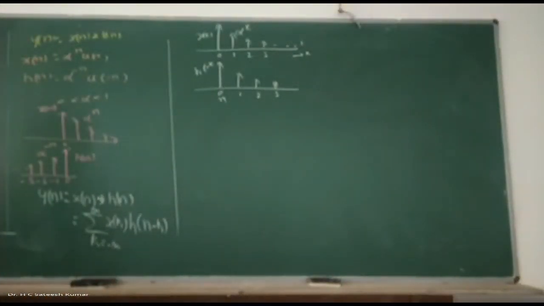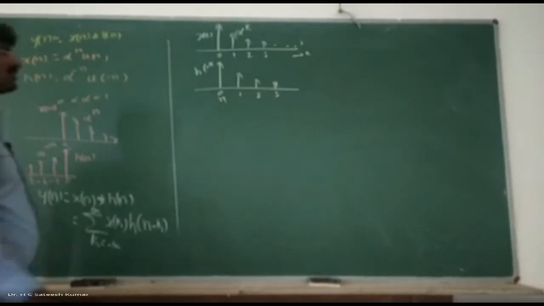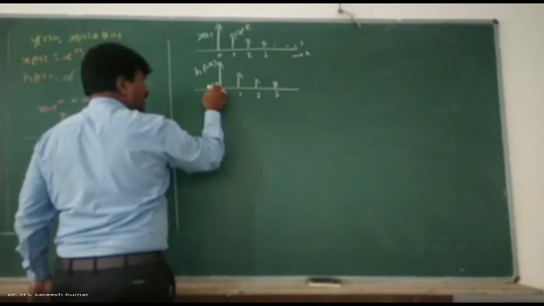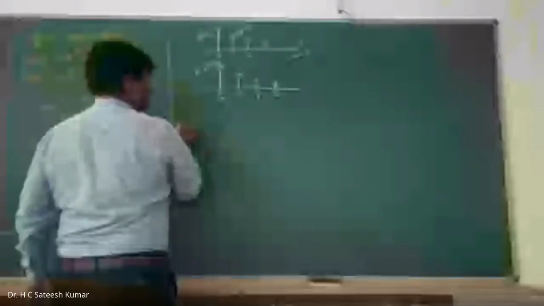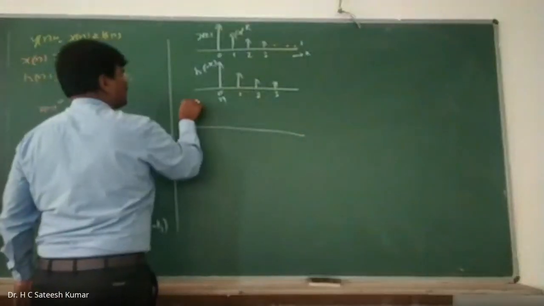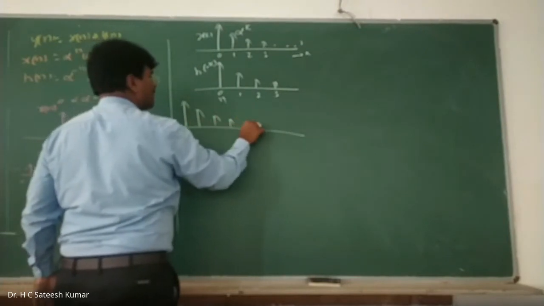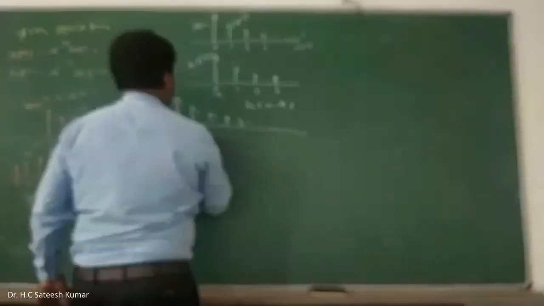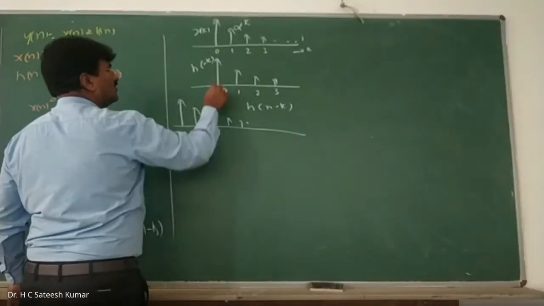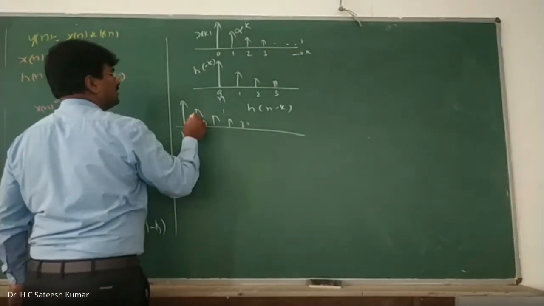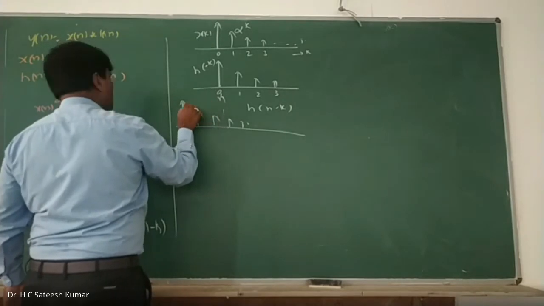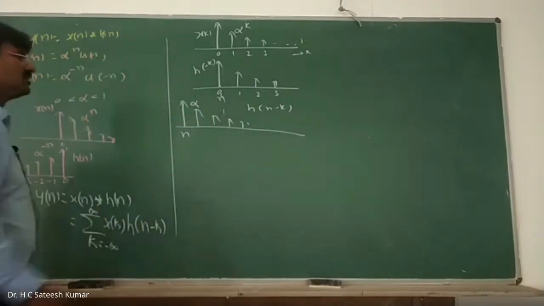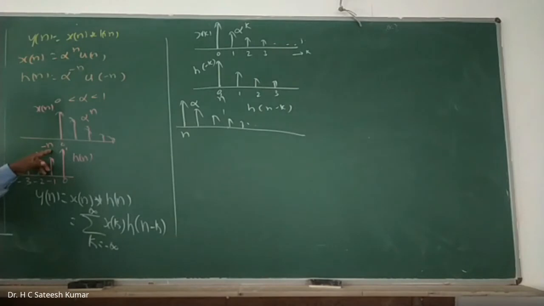Okay, so case number one. Case one is as long as n is less than or equal to 0; we can take equal to also, because the answer is not 0. So we can write h of n minus k: alpha to the power of n is replaced by n minus k in h of n.